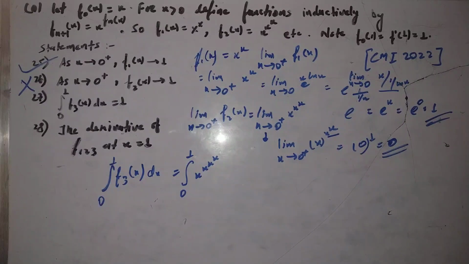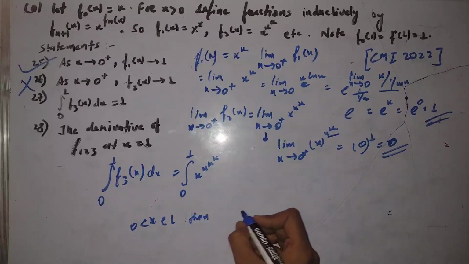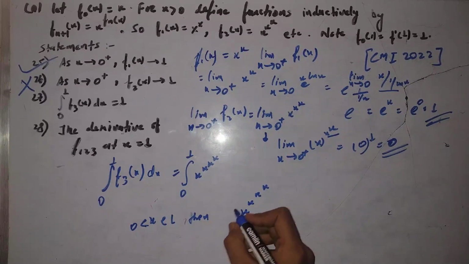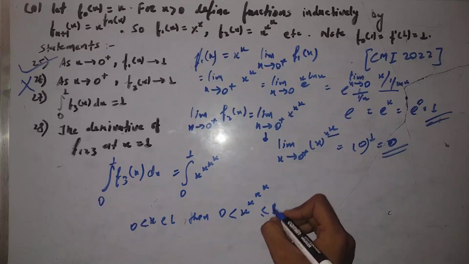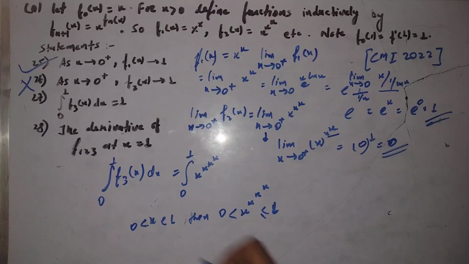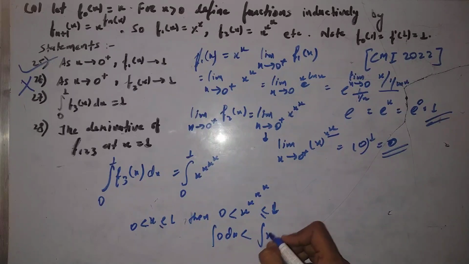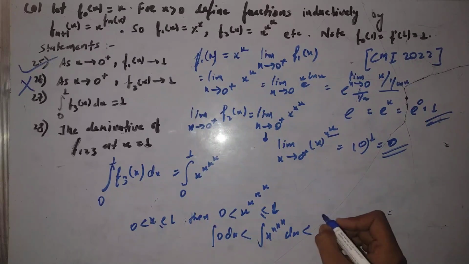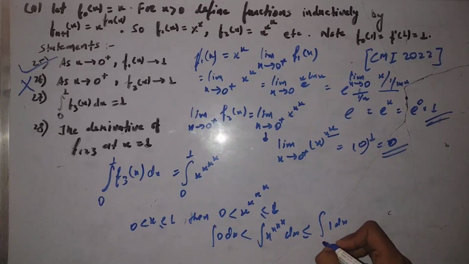Since x belongs to 0 to 1, this thing will always lie between 0 and 1. So the integral of 0 dx is less than the integral of x to the power x to the power x dx, which is less than the integral of 1 dx from 0 to 1.